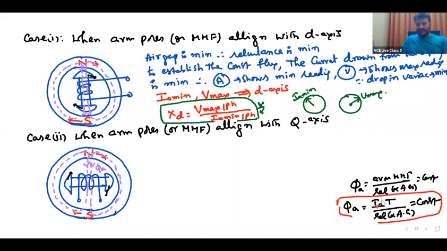The numerator is the current. Since the ratio is constant, when the air gap changes, the current also changes. To establish the constant flux, the current drawn from the supply is also maximum. So the ammeter shows maximum reading and the voltmeter shows minimum reading.